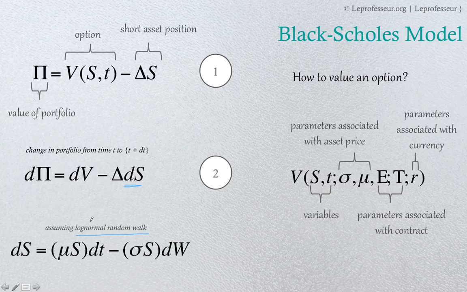And our asset price is following a lognormal random walk, meaning it will have a normal distribution in probabilistic or statistical terms. So Brownian motion can give us the equation for the change in stock price, dS.